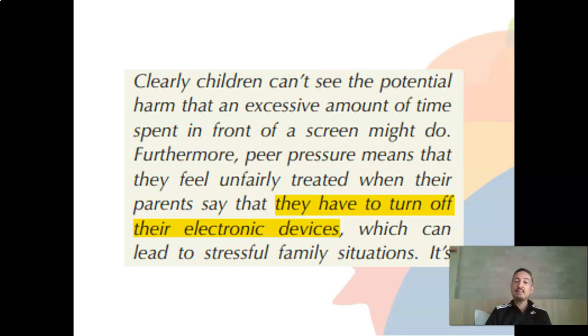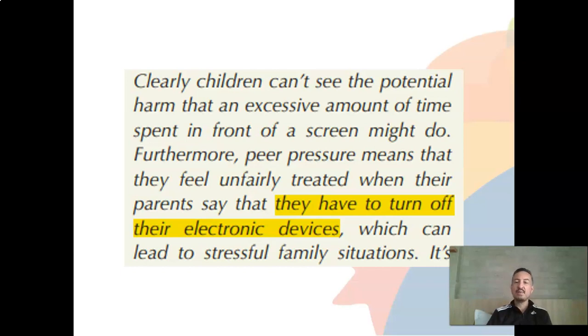Furthermore, peer pressure means that they feel unfairly treated when their parents say that they have to turn off their electronic devices. So, their parents say they have to. That's another one. Have to turn off their electronic devices, which can lead to stressful family situations.